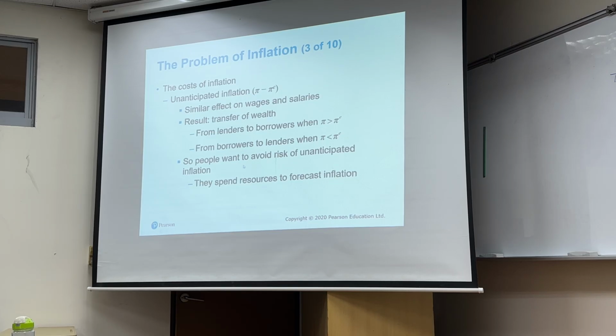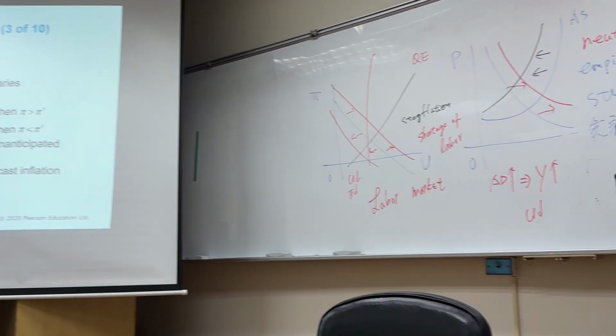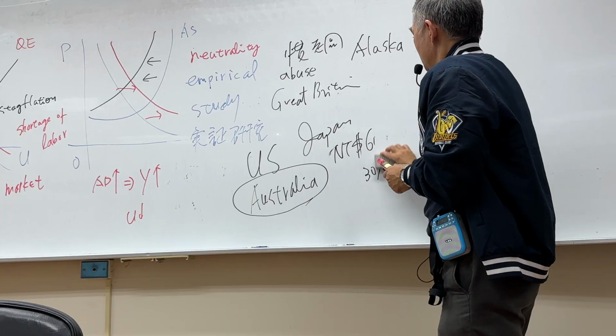Because of that, a lot of people spend resources to forecast inflation. Of course, we don't do that. But a lot of financial institutions and insurance companies do that, and they also have strategies to deal with it. Let us say you buy bonds. There are several kinds of bonds.